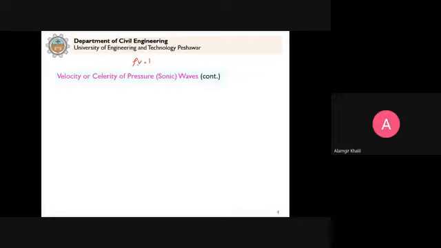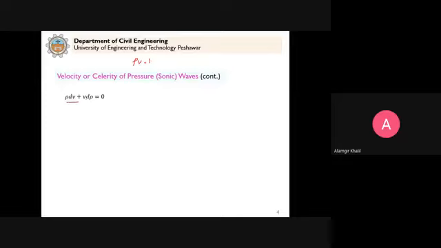So if you take the derivative of this, I will apply the product rule. How do we apply the product rule? You say first function into derivative of second function plus second function into derivative of first function, and the derivative of a constant is 0.